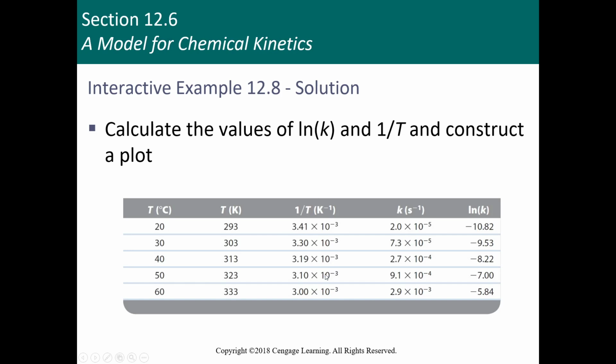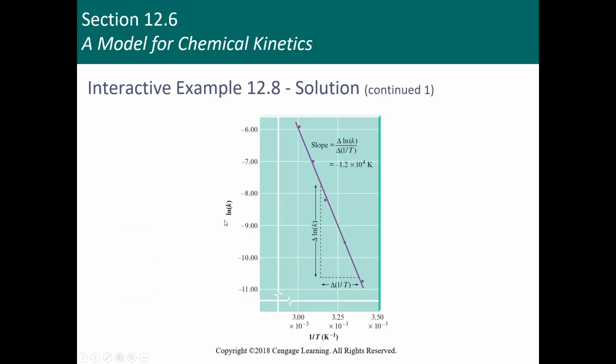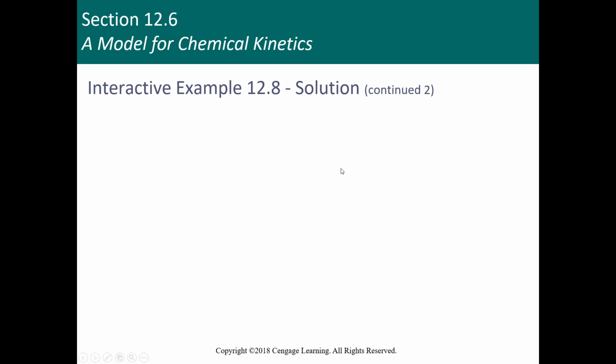Right here we have 1 over T and the natural log of k. Notice that these values right here are in Kelvin, so you always have to convert to Kelvin first. All right, so we plotted this. We then take the slope, and the slope gives us 1.2 times 10 to the 4th K.